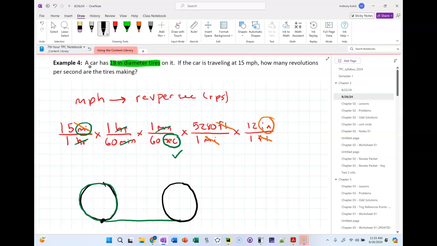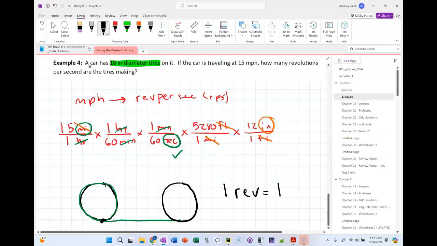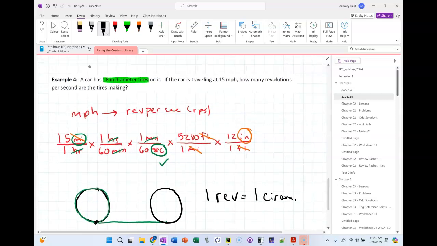It's the circumference of the wheel, right? Look at the green tape when it's around the wheel. How long is that green tape? Well, it's the circumference. If we laid that exact same tape down onto the ground, how long is it this way? Well, it's still the circumference, right? So that's our conversion factor: one revolution is equal to one circumference.